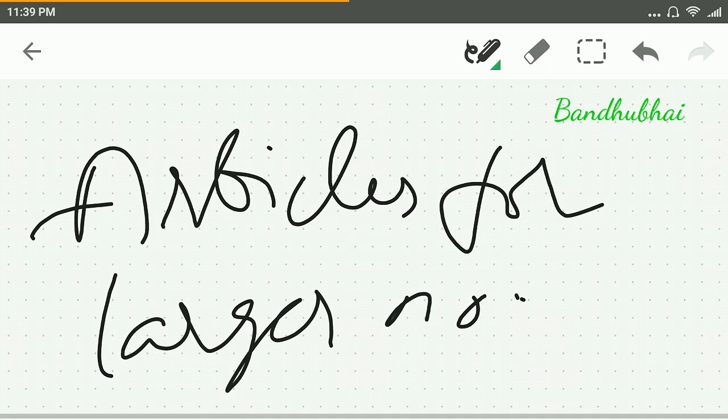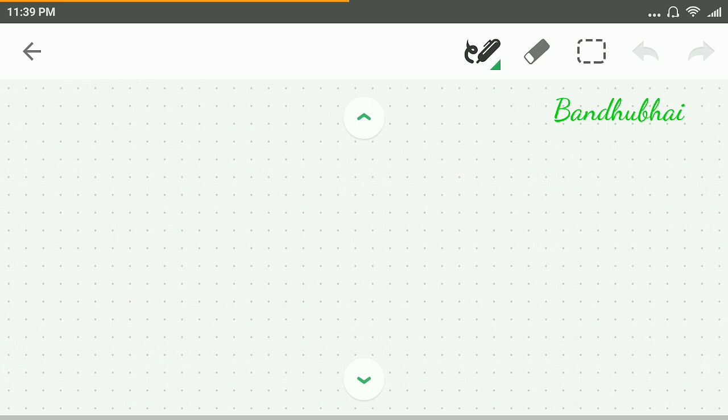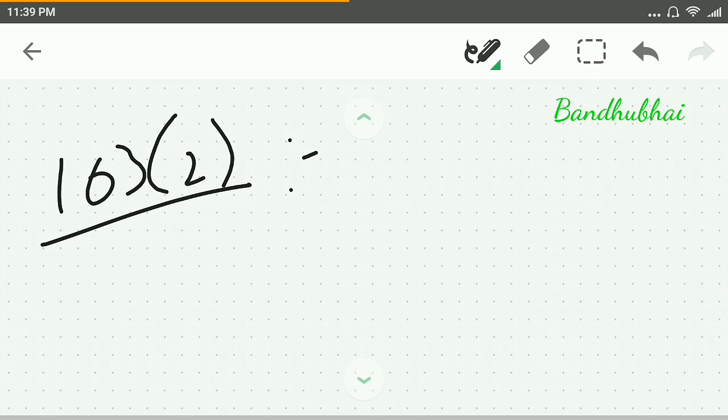What if no quorum is present? Section 103 says the consequence of no quorum.